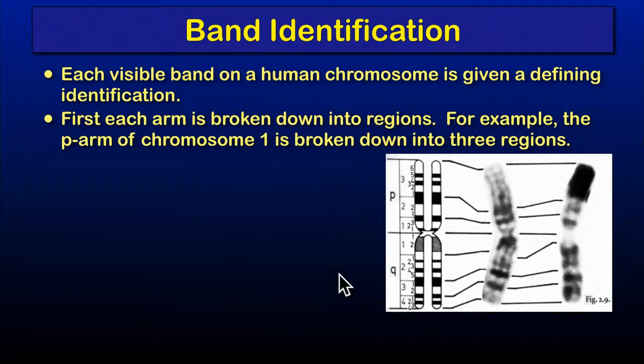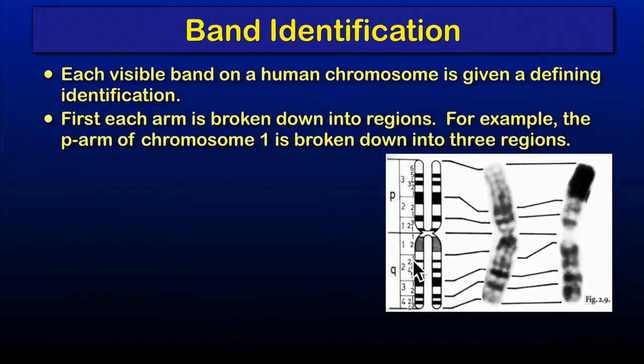Then within a given region, say here's region 2. So within region 2 we have band 1, band 2, band 3, band 4, band 5. So there are 5 bands within region 2 on the Q arm of chromosome 1. Both light and dark bands are identified as bands. People often think just the dark bands are bands, but the light bands represent bands as well.